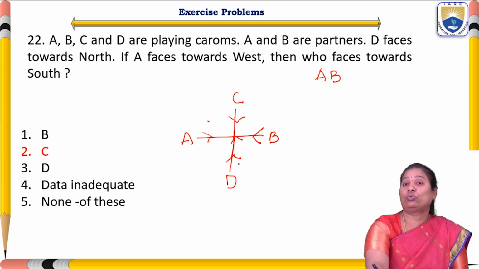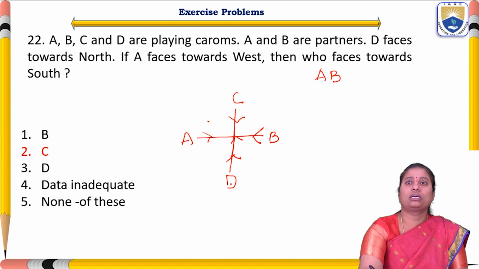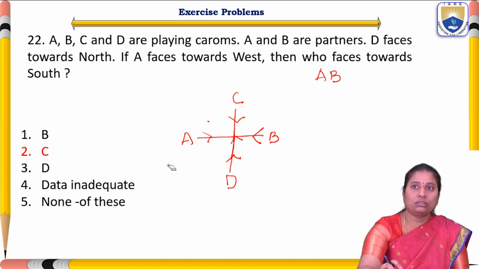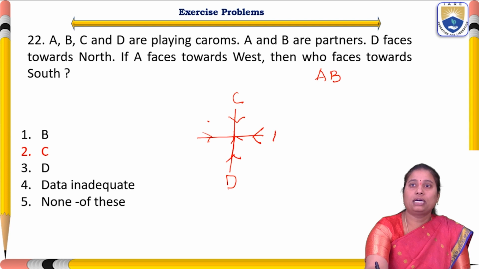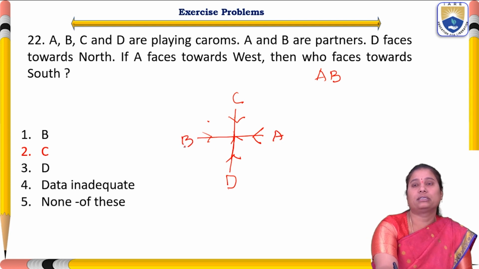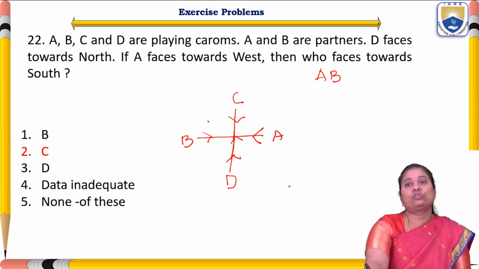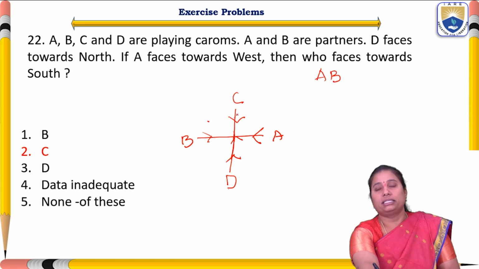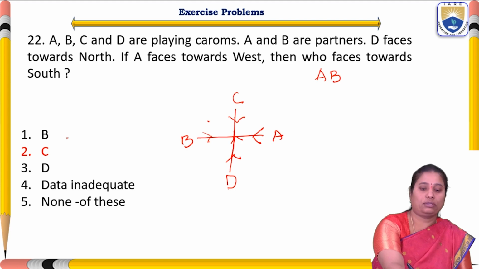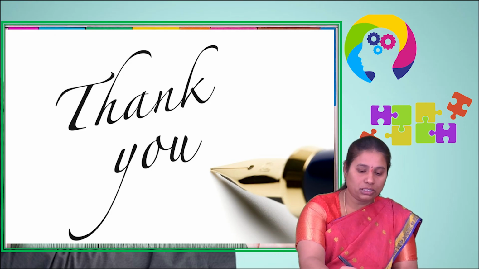If A faces towards the west and D faces the north, means A will be here and B will be here. Then who faces towards the south? Opposite to D, C is there and C faces the south. So this is the way to answer these questions.